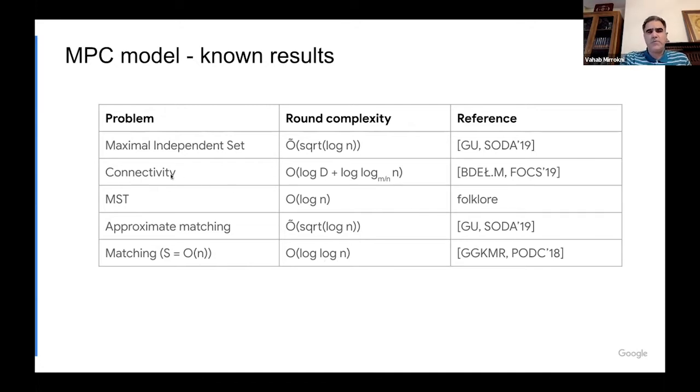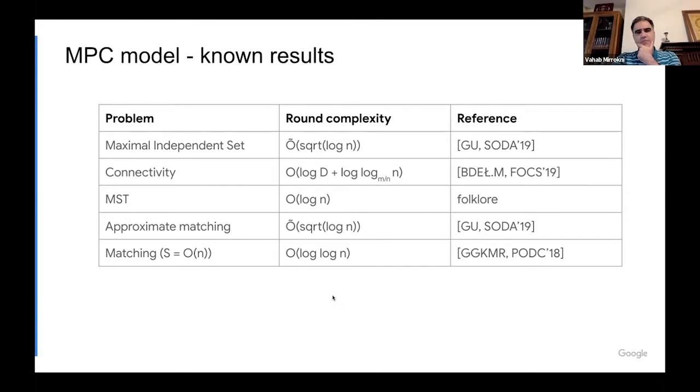For example, the most popular application in our case is clustering and connectivity. For connected components, the best algorithm takes log of d, which is the diameter of the graph, plus log of n. For matching, there's a square root of log n approximation algorithm that solves it in square root of log n rounds, and so on.